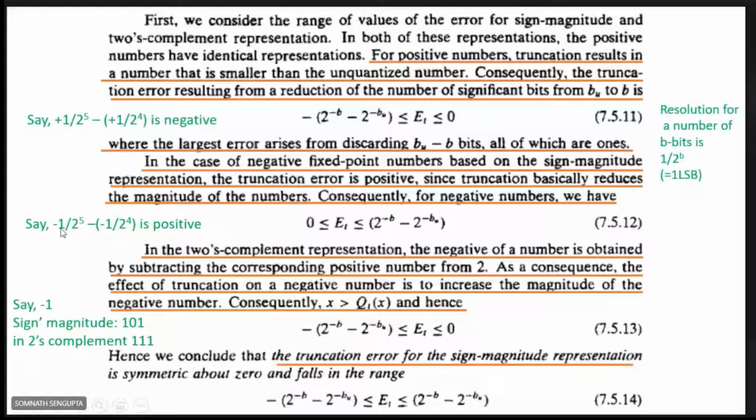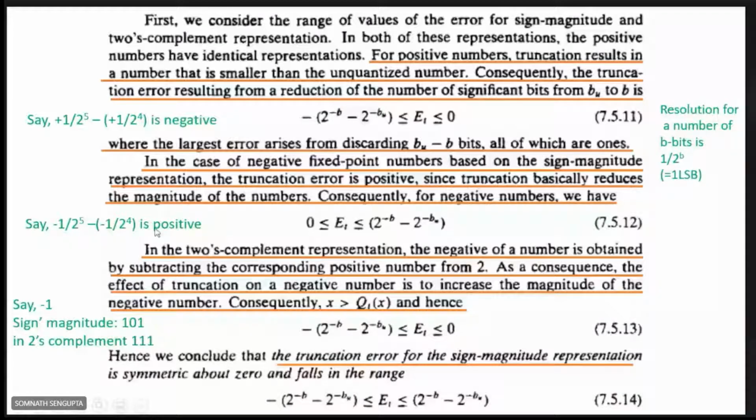Because for negative numbers the resolution is minus 1 by 2 to the power 5 and minus 1 by 2 to the power 4, so the difference is positive.